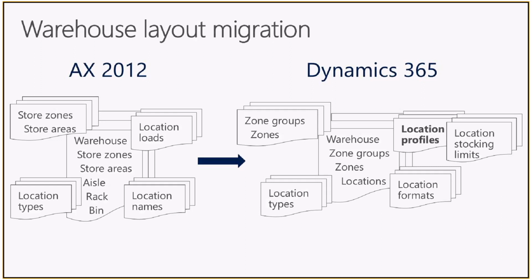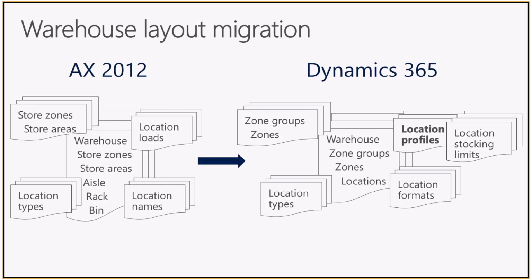You can define that you have the capacity of storing 2 units of, let's call it, a pallet unit for a group of locations or a single location as part of the stocking limits.